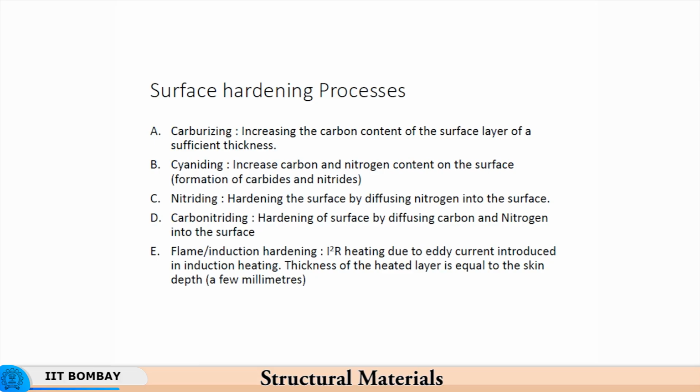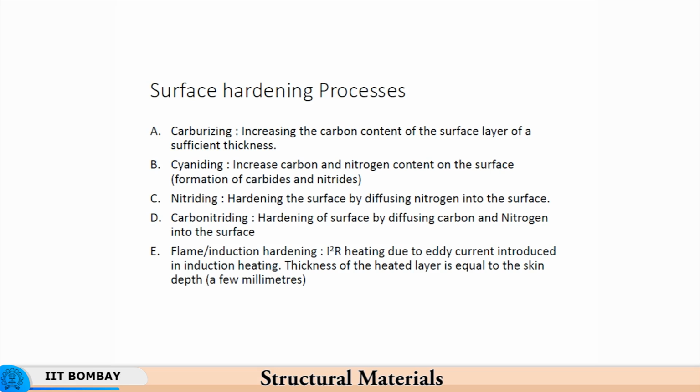So, these are carbide formers which have got very high affinity for carbon, and nitrides are formed by say aluminum, for instance, then titanium nitride. So, there are certain elements which form nitrides. So, if you want to cyanide the material, some of these alloying elements should be present, so that they form relatively hard phases and then the surface can get hardened.